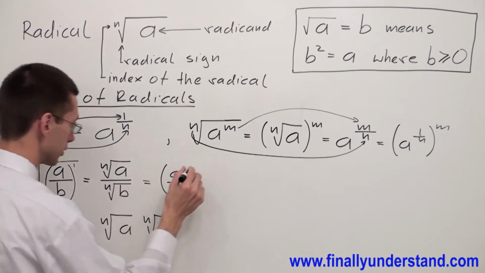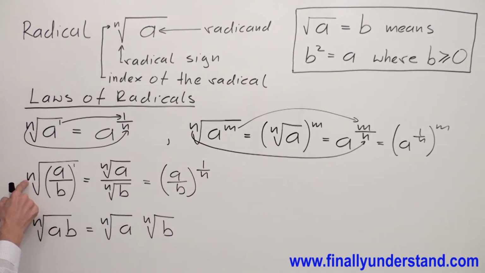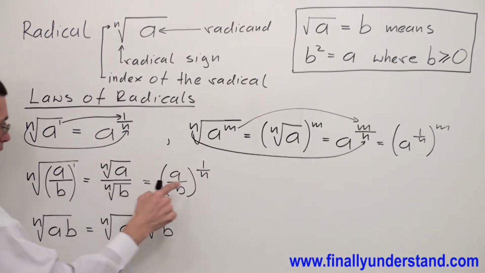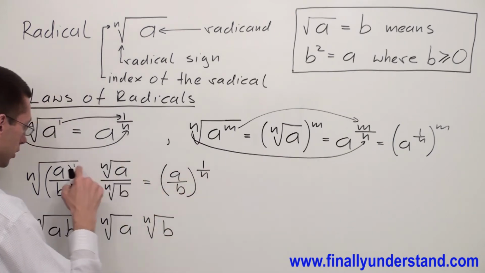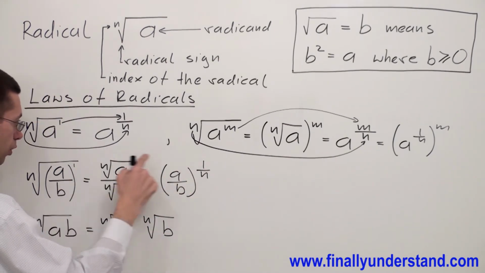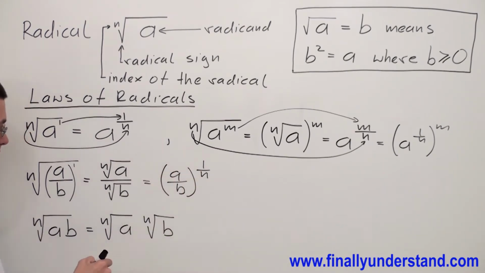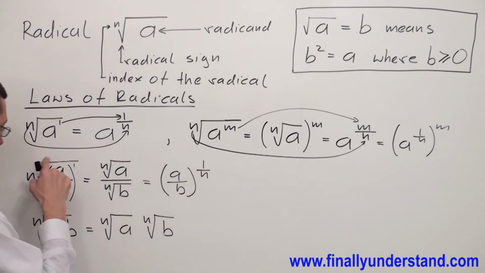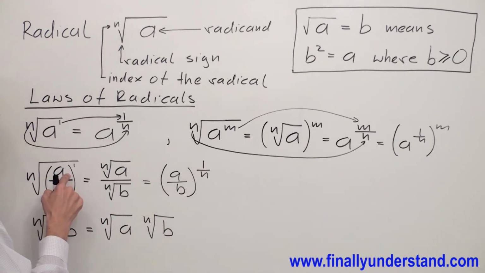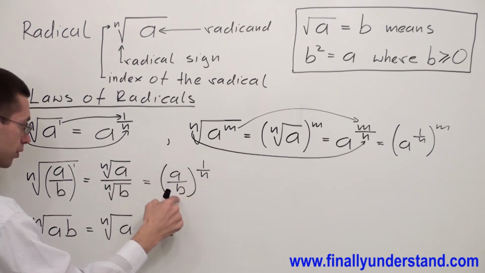I'm going to say this is 1 over n. Remember, the index of my radical always goes to the denominator. The exponent of my radicand always goes to the numerator of my exponent. So now I can say that this radical is equivalent to this form.